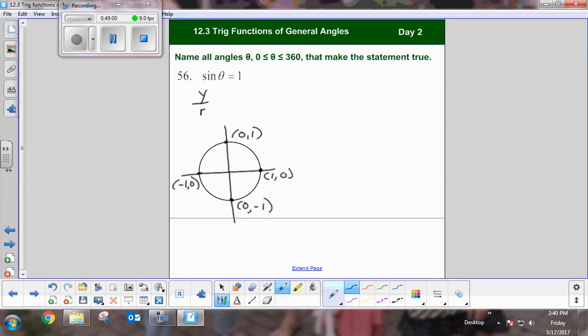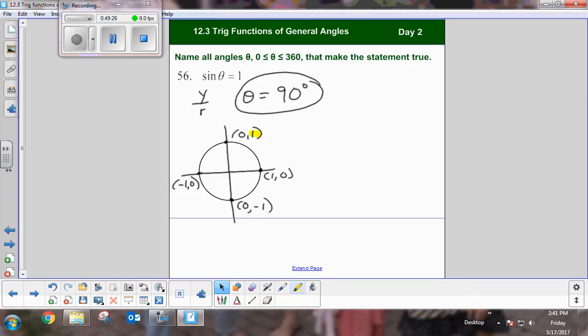Since r is 1 and I want y over r to be 1, what do I want y to be? Well, I want y to be 1 also. And where is y 1? Well, I only see one place, right there. And that is a rotation of 90 degrees. So theta is 90 degrees.